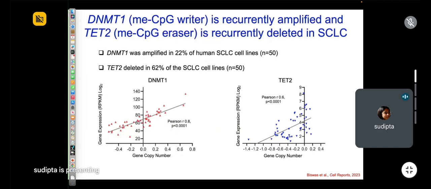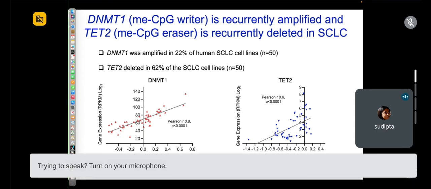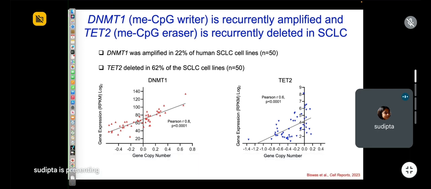Now, for methylated CpG, there is an enzyme, DNA methyltransferase 1, which is the writer, meaning it methylates the CpG region, and TET2 is another enzyme that deletes that methylated part, and at that time the gene expression happens.